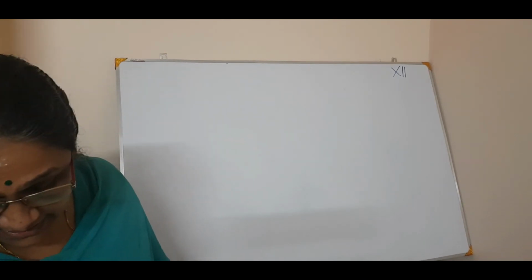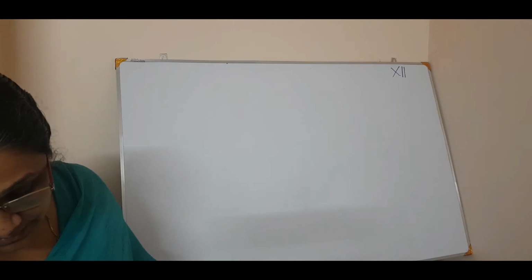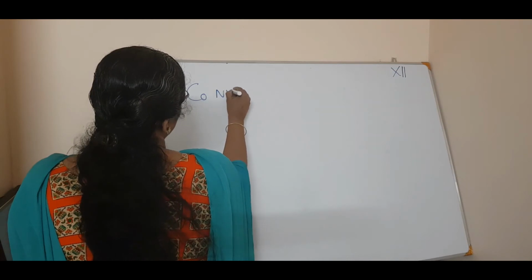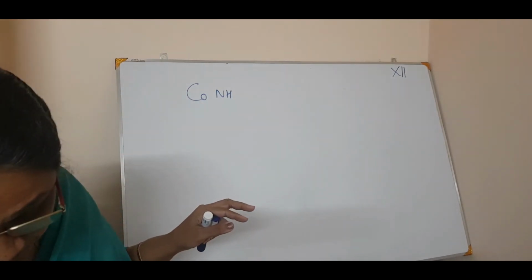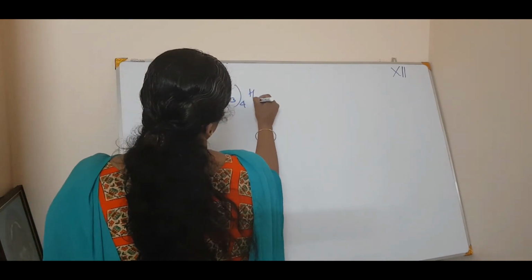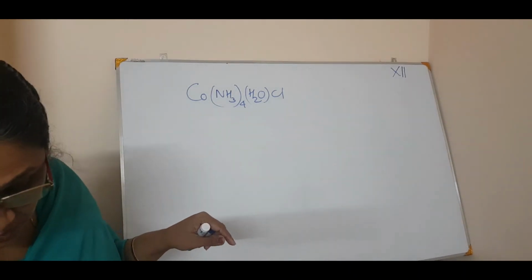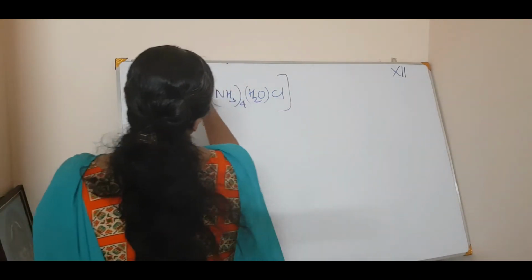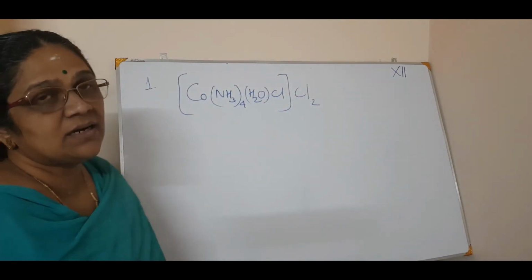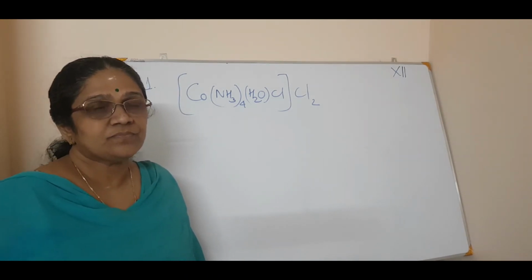The second is CO, NH3 4 times, H2O 1 time, and Cl, the whole bracket closed, Cl2. Okay, this is the first example. ഒന്ന് രണ്ടെണ്ണം ചെയ്യാം എന്നിട്ട് ബാക്കി നിങ്ങൾ ചെയ്തോളൂ. ഇതെങ്ങനെ ചെയ്യും?